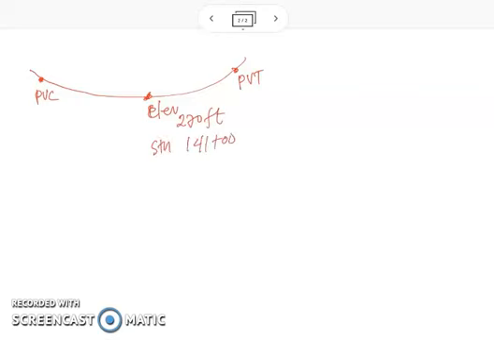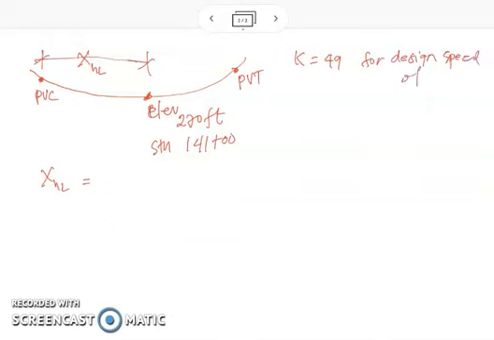So this one is our X, the distance of the lowest point from PVC. This can be called as XHL. So therefore, for X of HL, the formula, we are given now with our K, which is equivalent to 49 based on table 3.3 because K is 49 for design speed of 35 miles per hour.